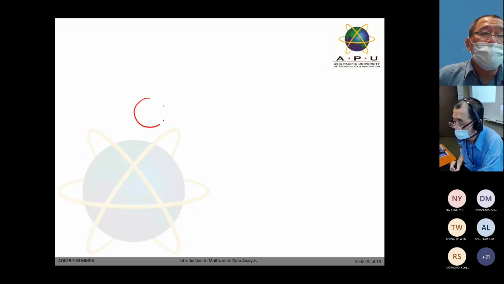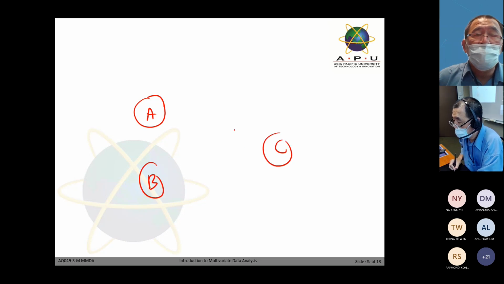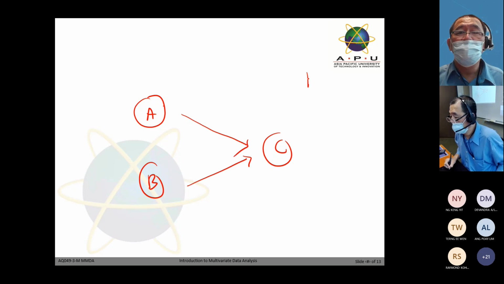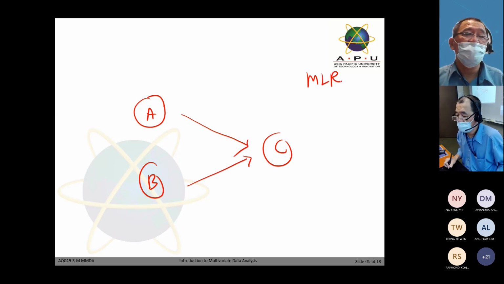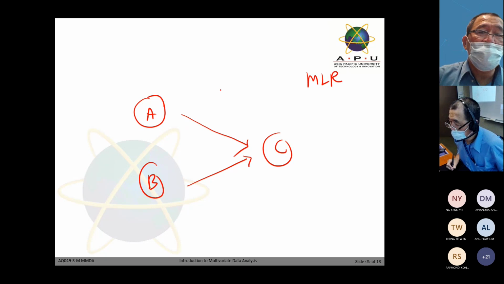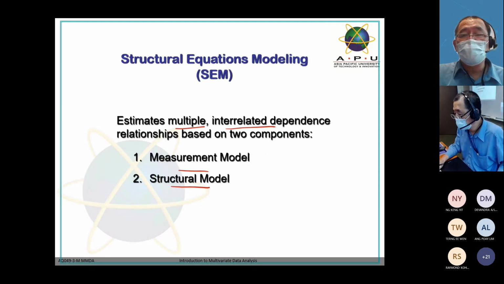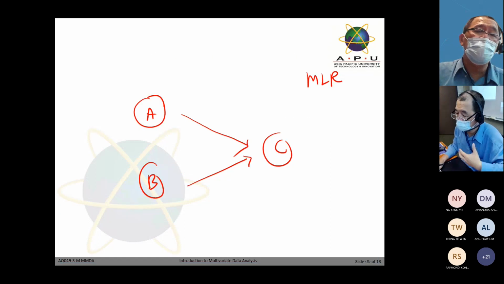So example like this, we see a simple one. A affects C, B also affects C. If like this, it's only multiple linear regression. So you see, under SEM, structural equation modeling, it can be more complicated.